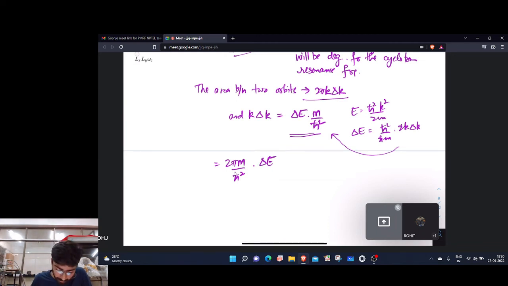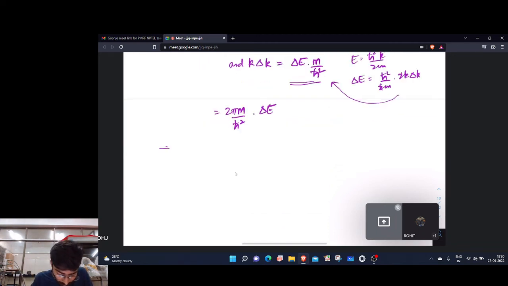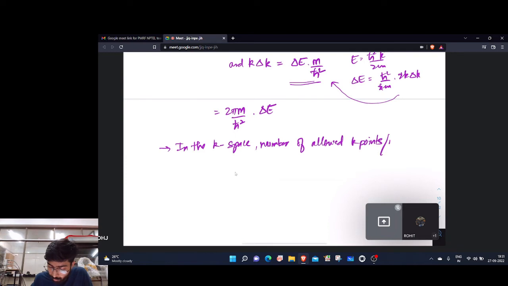Now in k space, the number of allowed k points per unit area is given by the physical dimension of the material divided by 2 pi, a product of the two.